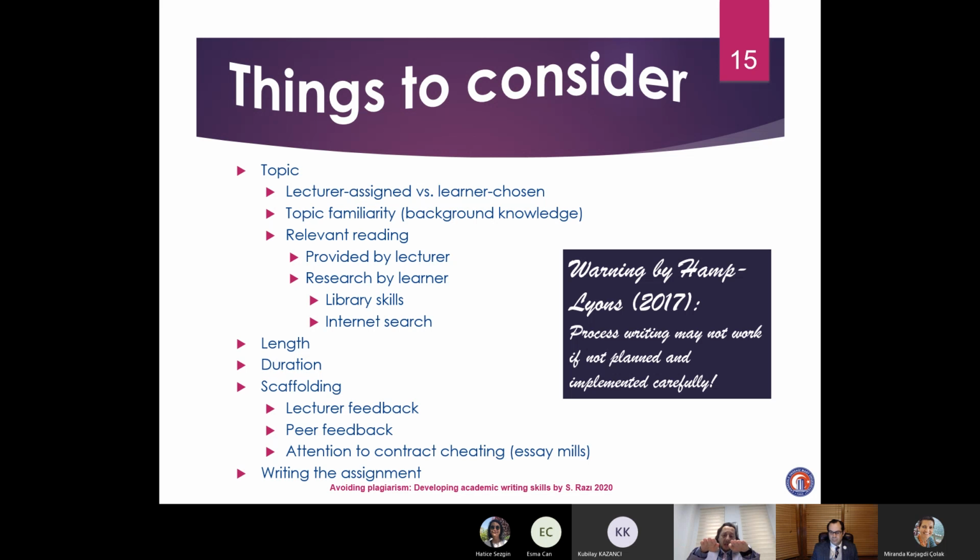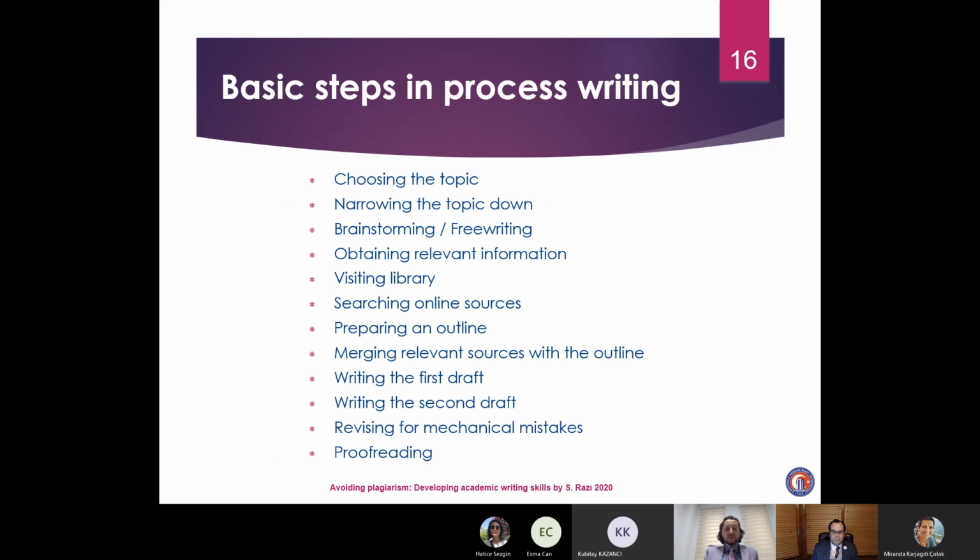So we will be helping as instructors to our students to go step by step, to develop gradually. And what about the length of the assignment, the duration of the assignment, scaffolding, I mean peer feedback or teacher feedback provided? So these are the things that we should take into consideration, I guess.